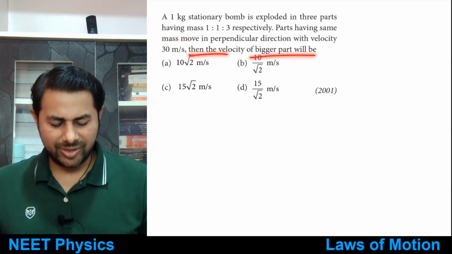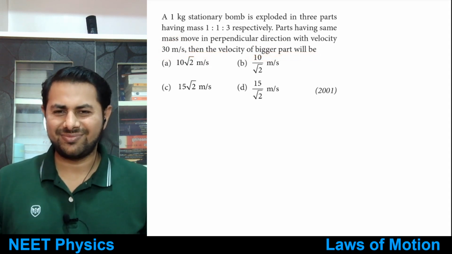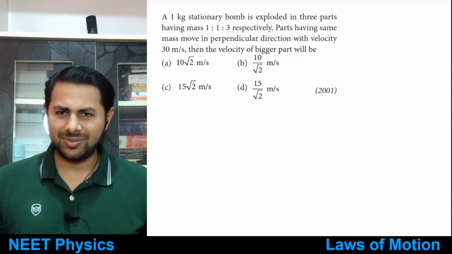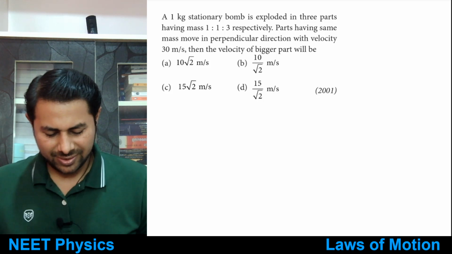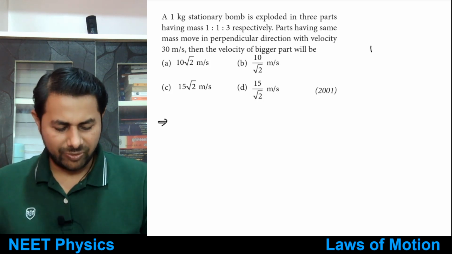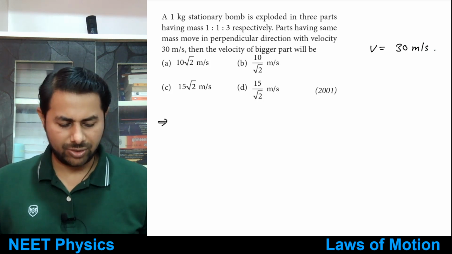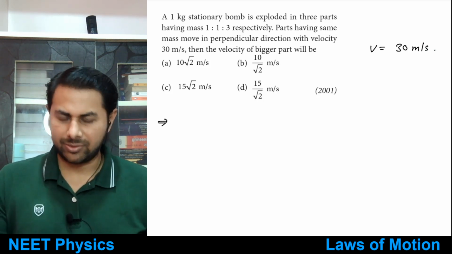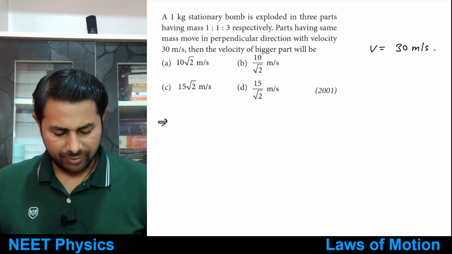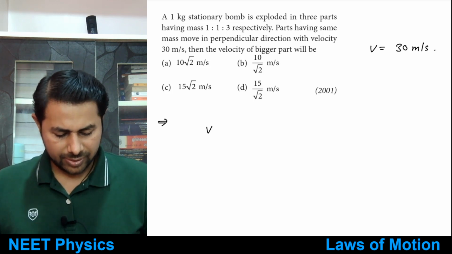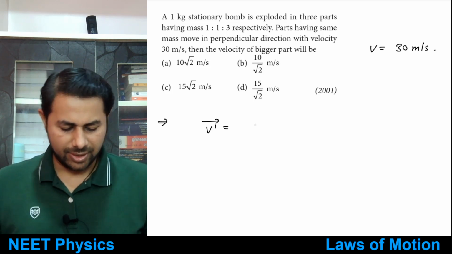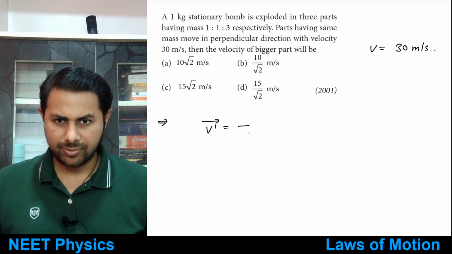Then the velocity of the bigger part will be. Okay, so this is simple. Shall we write directly? If v is equal to 30 meters per second and the ratio of masses is 1:1:3, then what will v dash bar be? You can say it's minus of, it's option A.